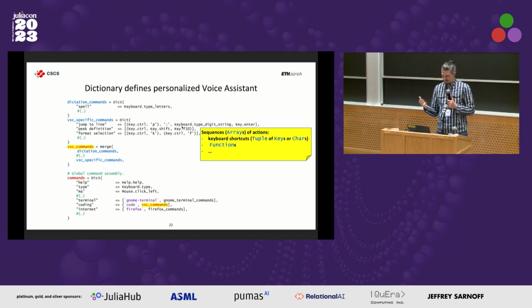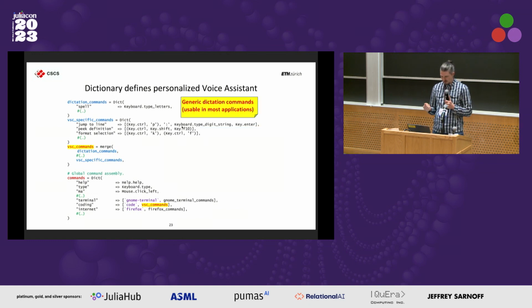It would do Control P, then write a colon, and then this type digit string would mean that you say the digit, right? And then it would do enter. So you just say jump to line 345, yeah? And then, for example, below, peek definition, in order to see the definition of a certain function or whatever, right?